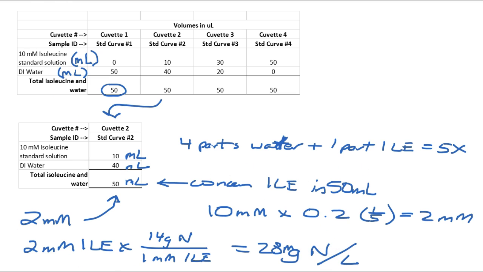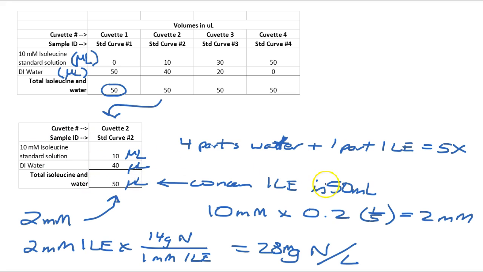We don't have a whole 28 milligrams of nitrogen because we only have 50 microliters. Aha, that's microliters. All right, I should probably start this whole thing over. That's microliters, not milliliters. So let's change all of these to microliters. If you wanted me to go slow in this video, I'm actually doing that because I'm making so many mistakes.